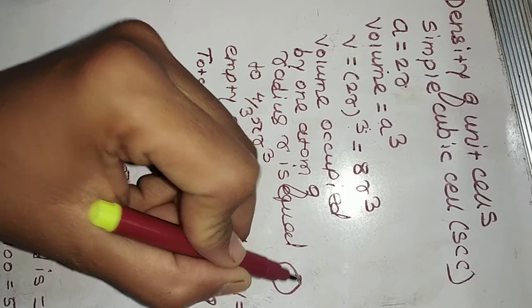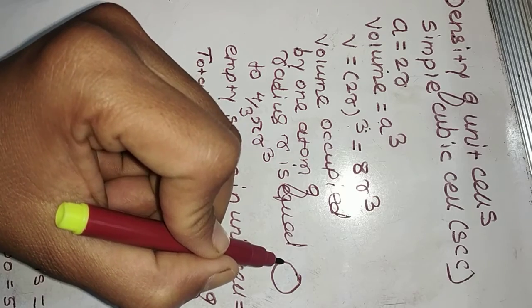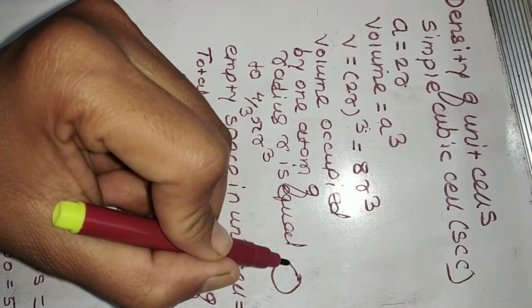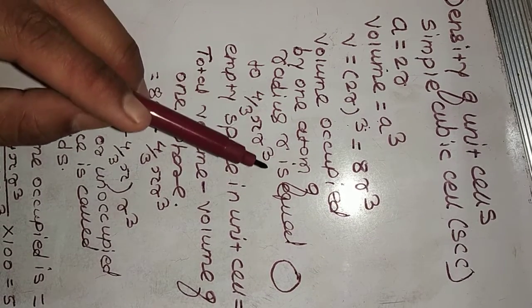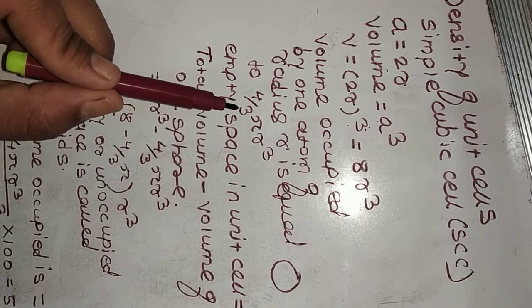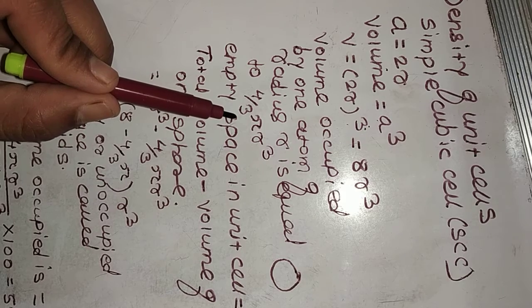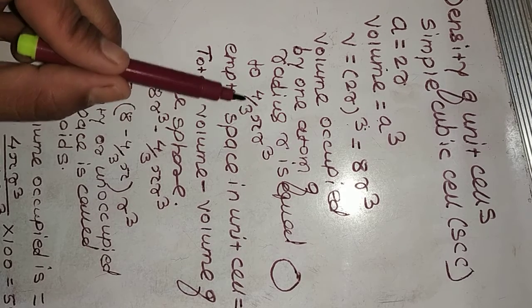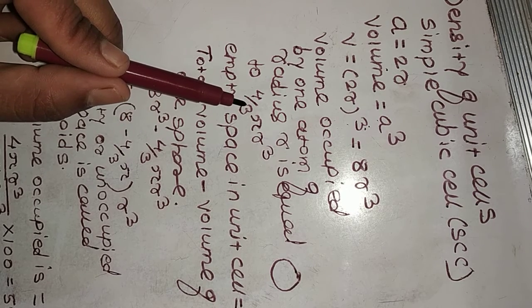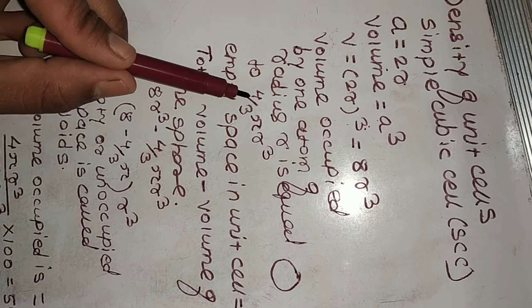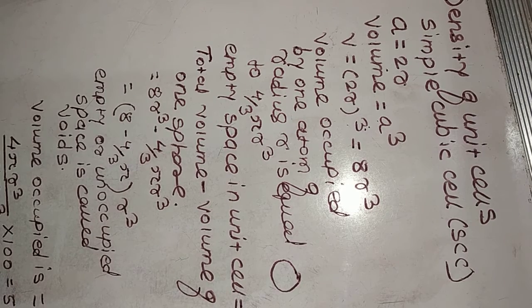That's why the total volume of one sphere, the volume of one atom, is 4/3 pi R cube. So this is for the one atom, one sphere.